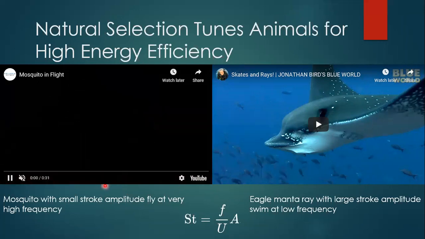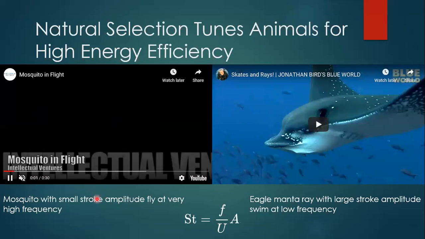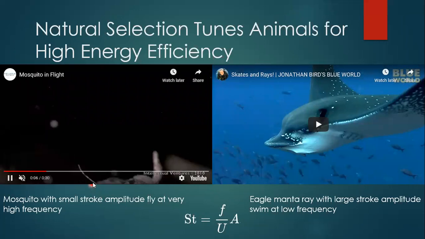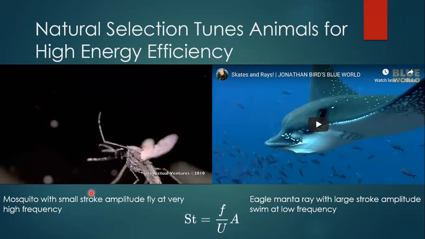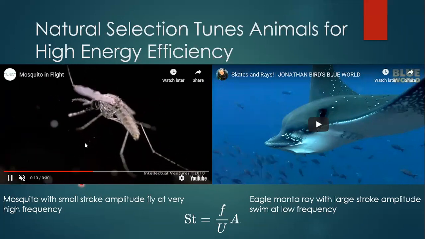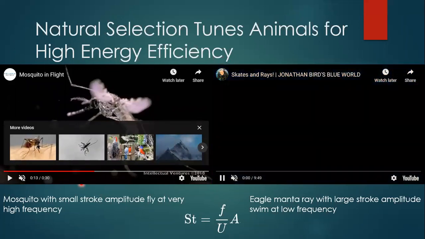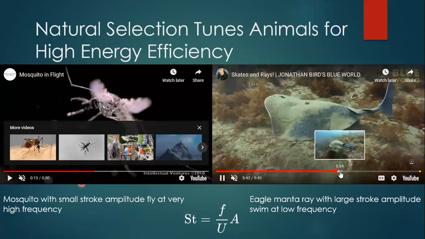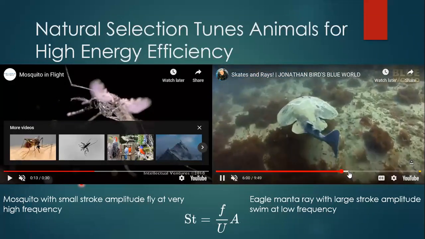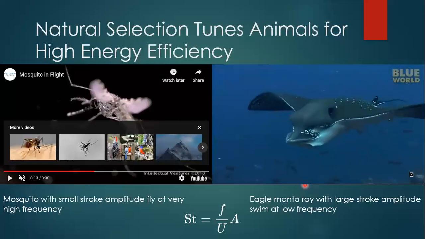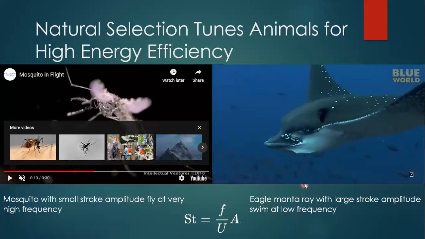For example, a mosquito with a small stroke amplitude flies at a very high frequency. The frequency is so high that you can even hear the sound of their flight, right? And the manta ray, which is shown in the video here, has a large stroke amplitude, and it can flap at a low frequency.